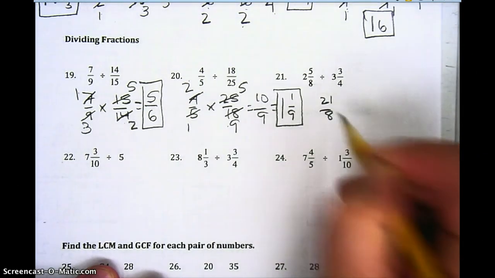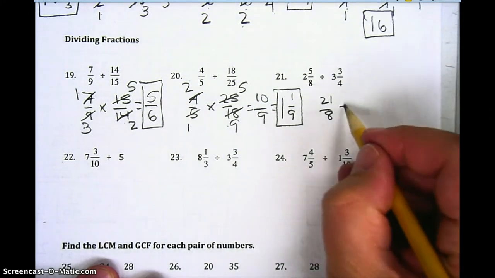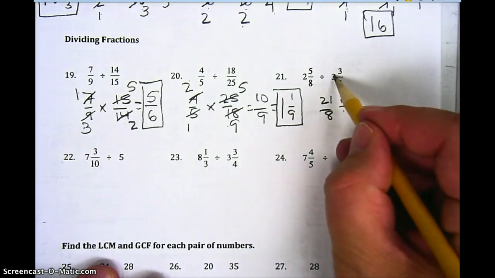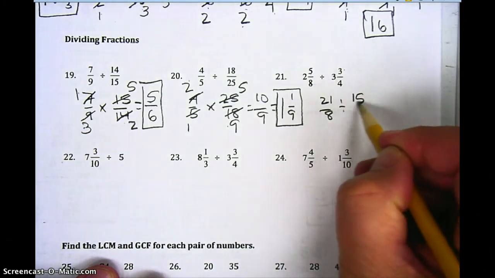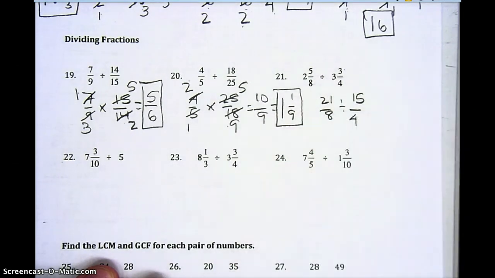So that becomes 21/8, divided by 4 times 3 is 12, plus 3 is 15. So after I change them to improper fractions, it's 21/8 divided by 15/4.